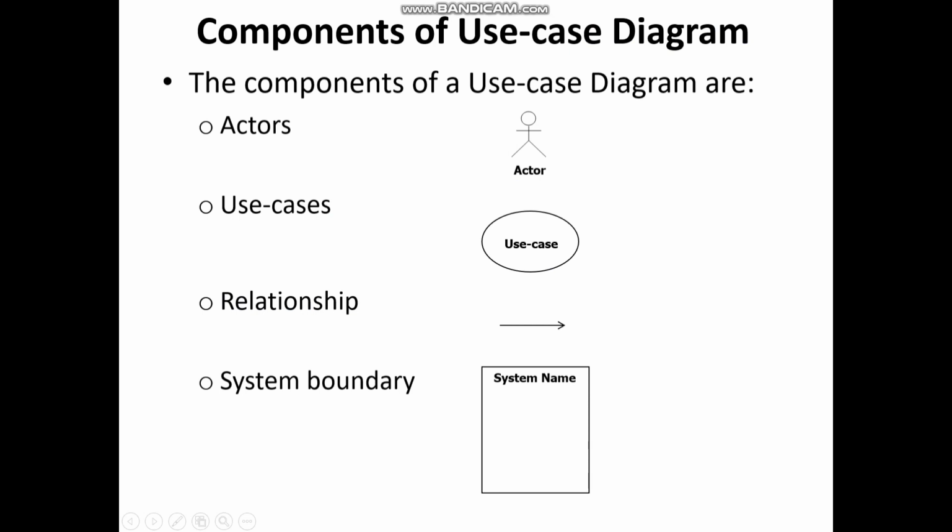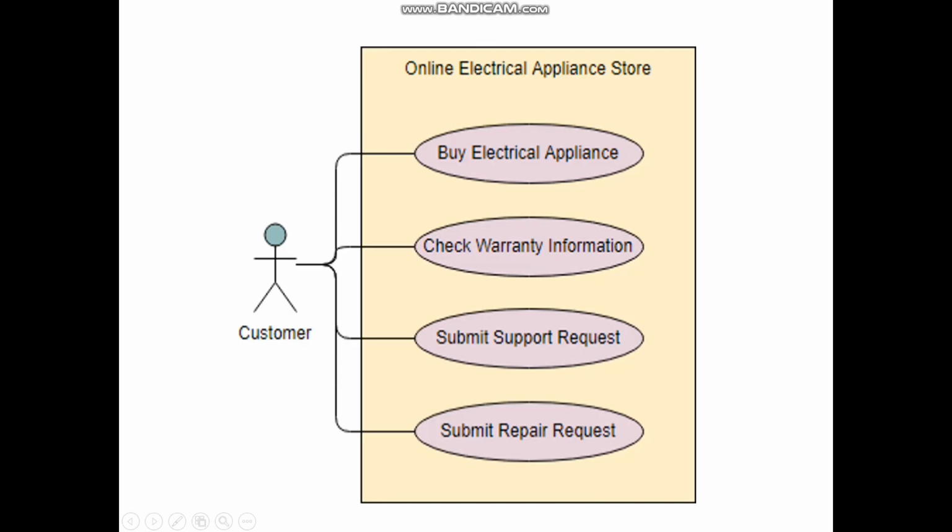A relationship is defined by this arrow connecting a use case to the actor, and the system boundary is defined by this rectangular box entitled with its name. In this example, we can see this customer is an actor performing various use cases. This online electrical appliance store is its system boundary.